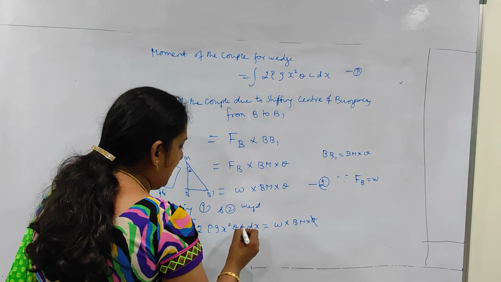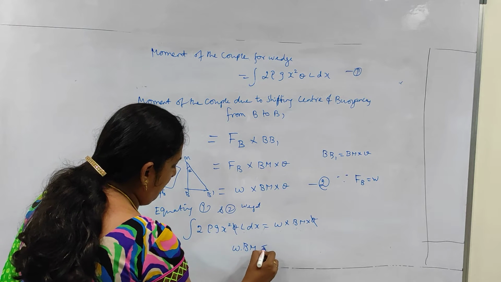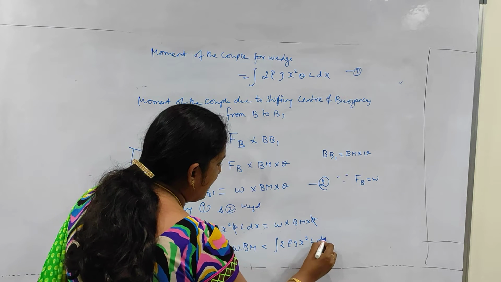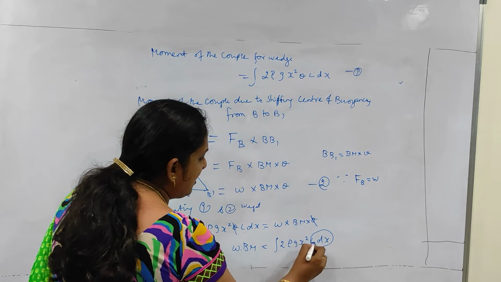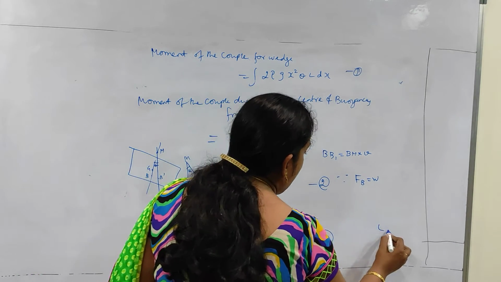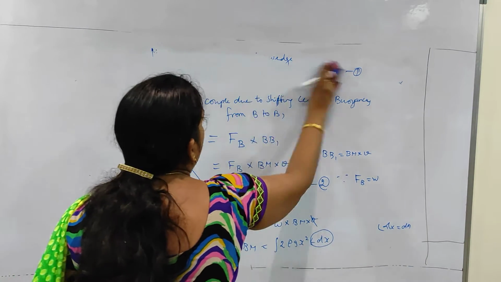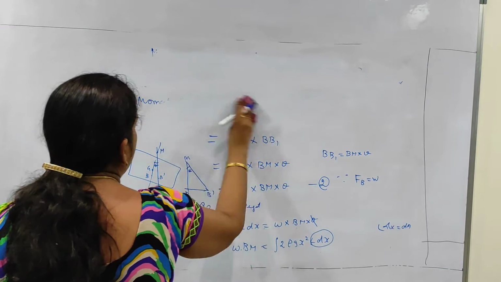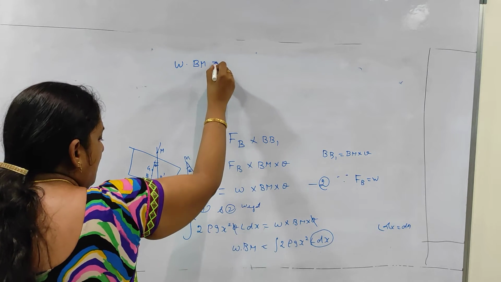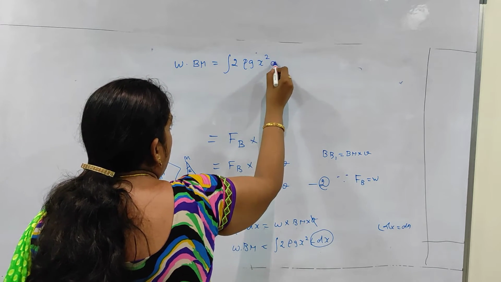Now theta and theta get cancelled. So I am going to write W into BM equal to integral of 2 rho g x square L dx. Now we know this L dx is your area. So instead of L dx I am going to write the elemental area, since an elemental distance is being taken and we have considered only the elemental area. So W into BM is equal to integral of 2 into rho g x square into dA.